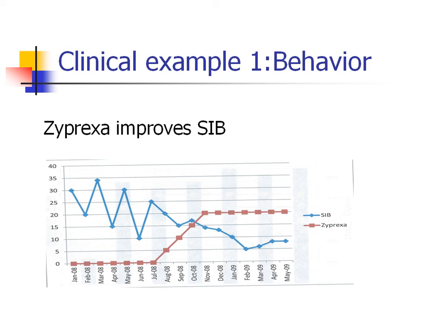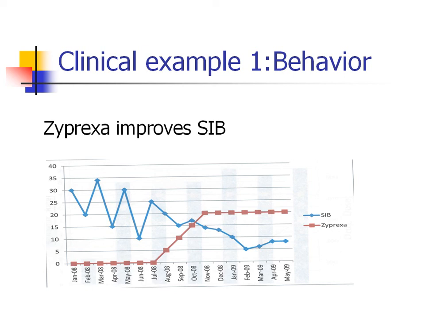You can see that if you started the medication, say in May of 2008, when the frequency was 30, in June of 2008, it had decreased to 10. You would think that that was from the Zyprexa, but because you have a long enough baseline, you can determine that it was not the Zyprexa. It was a natural fluctuation of the behavior from month to month.